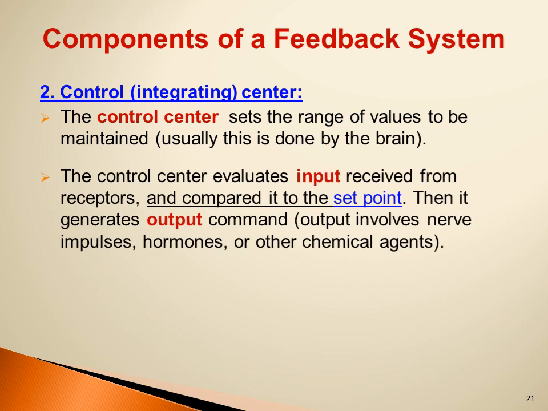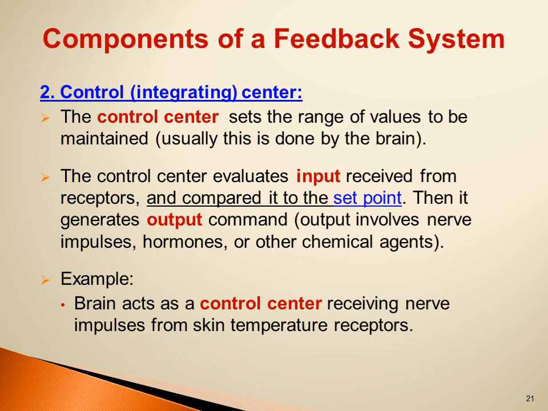The control center evaluates input received from the receptors and compares it to the set point. Then it generates output commands to the effector. Output involves nerve impulses, hormones, or other chemical agents.